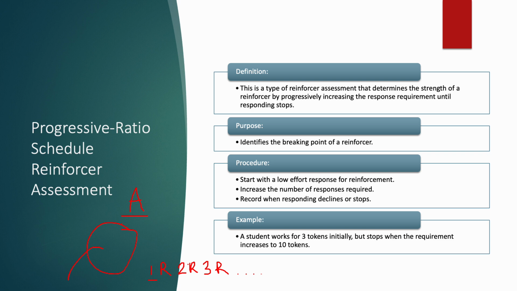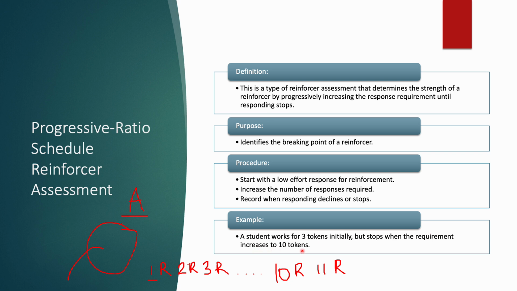So basically, if they engage in 10 responses to earn the reinforcer, will they then continue and engage in 11 responses to earn the reinforcer? We're just trying to identify what's the break point. At what point are they like, I'm not responding anymore. This reinforcer is not worth the effort that I'm putting in. That's all we're trying to do here. So I have an example written here on this slide. A student works for 3 tokens initially, but stops when the requirement increases to 10 tokens.